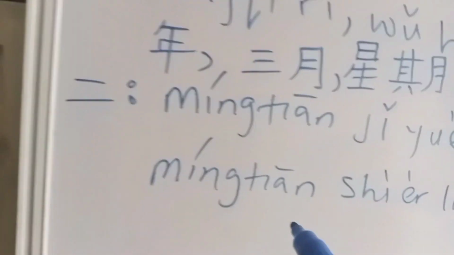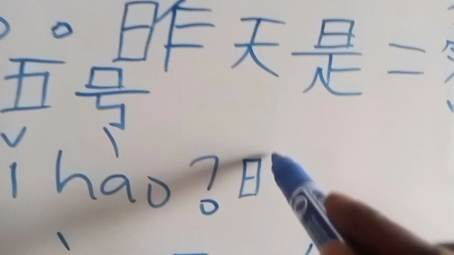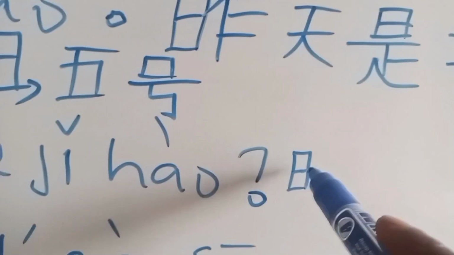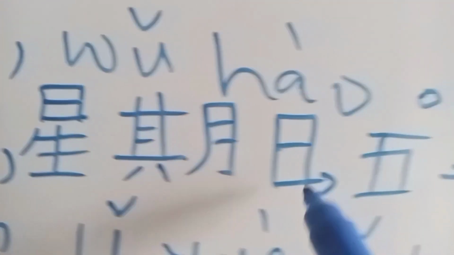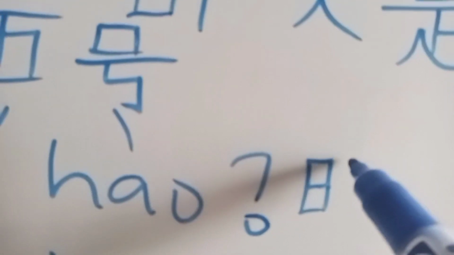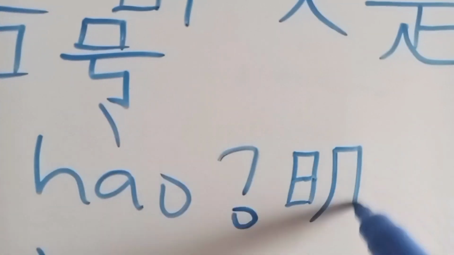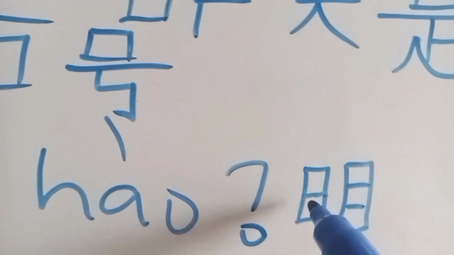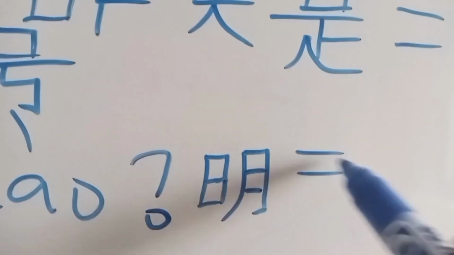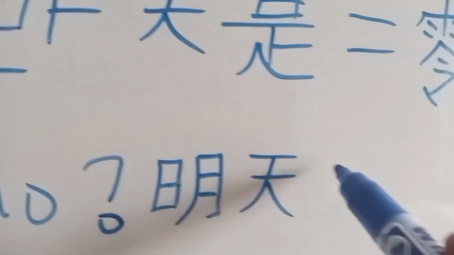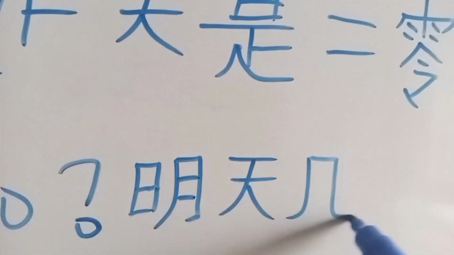And this one is 明天几月几号. Ming. This is 日. This thing you have in 昨天. You have it in 昨天. That's 日. This one, this thing. So you write it here and then write this yue. If you write this 日 and yue, that's 明天几月.